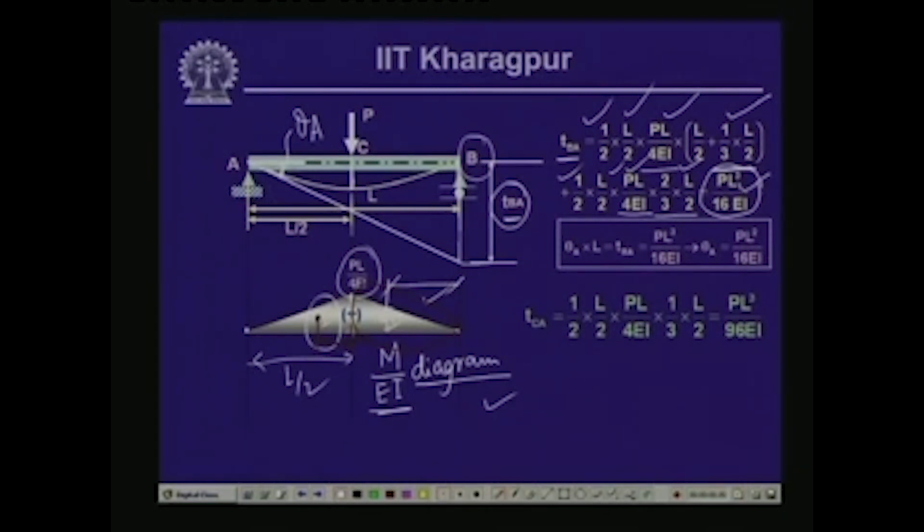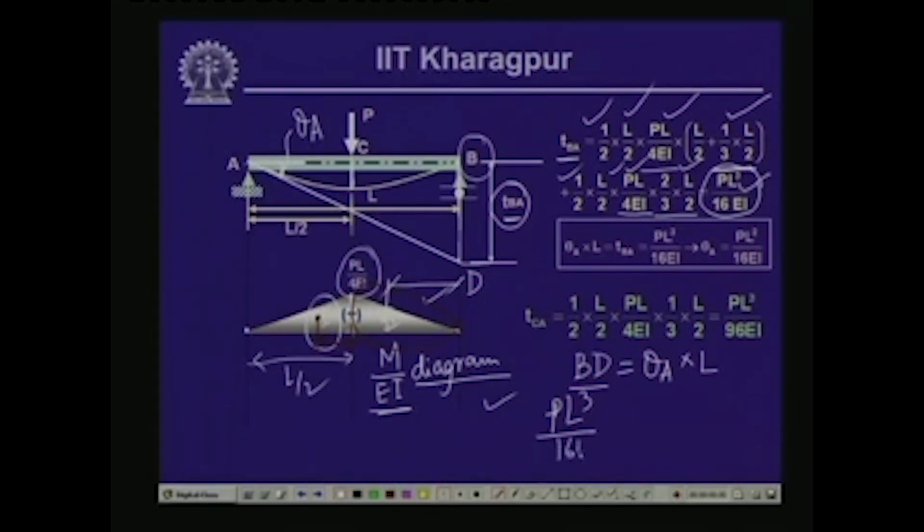Also, if you look at this particular diagram, say AB, let us call this point D. From this triangular part ABD, we can write that the distance BD is equal to the slope theta A multiplied by the length. So, BD is equal to theta A multiplied by the length, and BD, which is TBA, as we have seen, is PL cube by 16 EI.